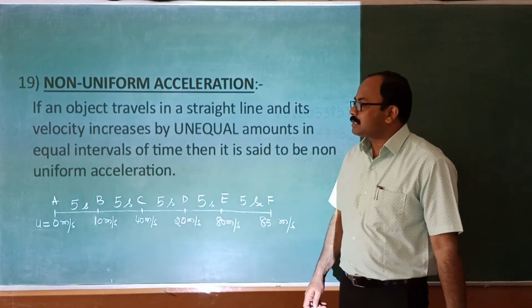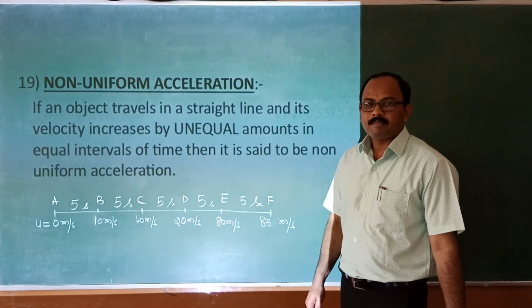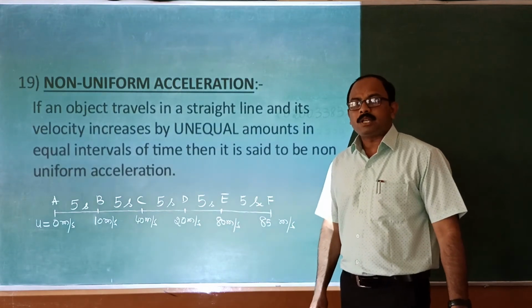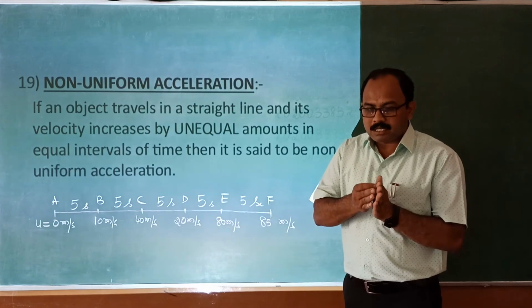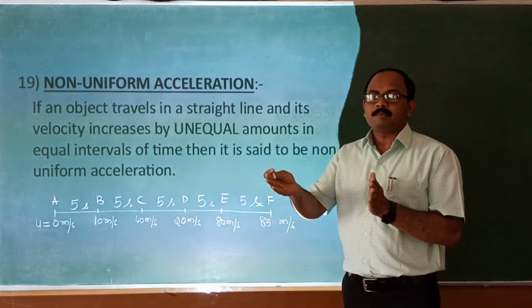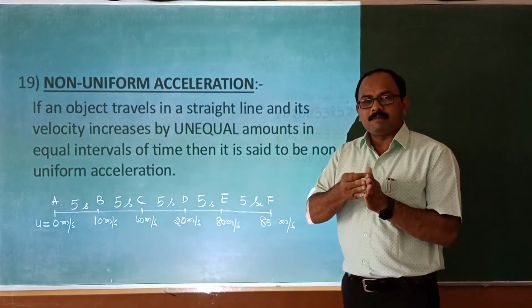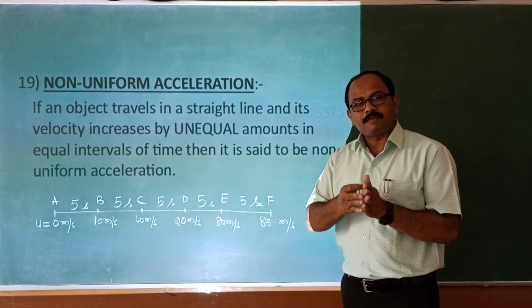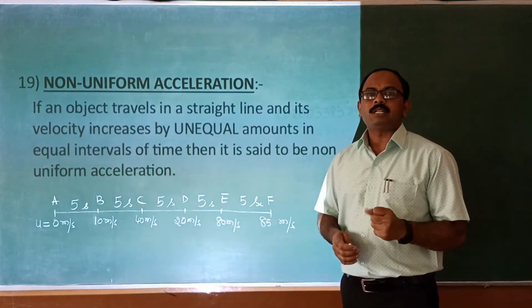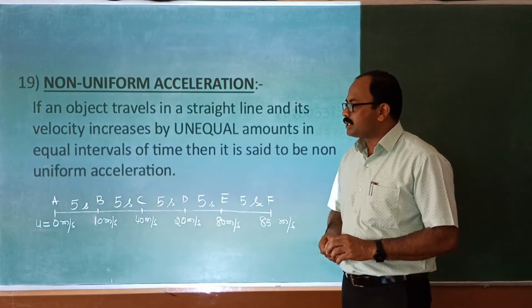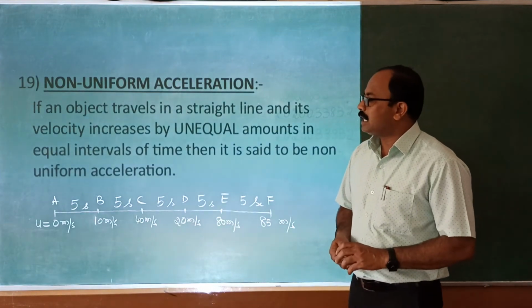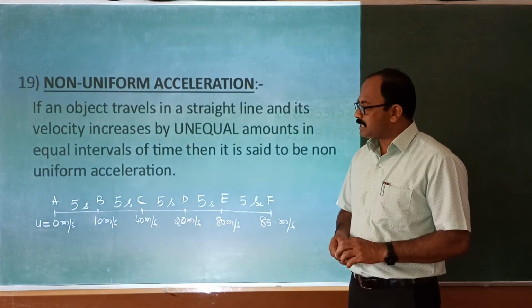The object starts from A, and its initial velocity is 0 because the object starts from rest, children. A vehicle starting from rest means initial velocity is 0. After 5 seconds, its velocity reaches 10 meters per second. Then after 5 seconds, 40 meters per second.